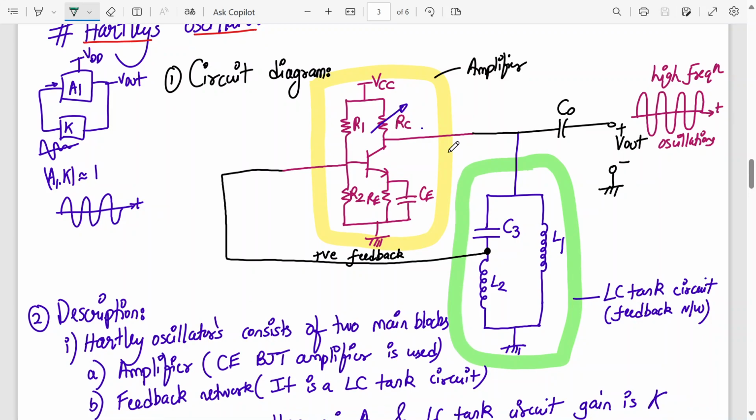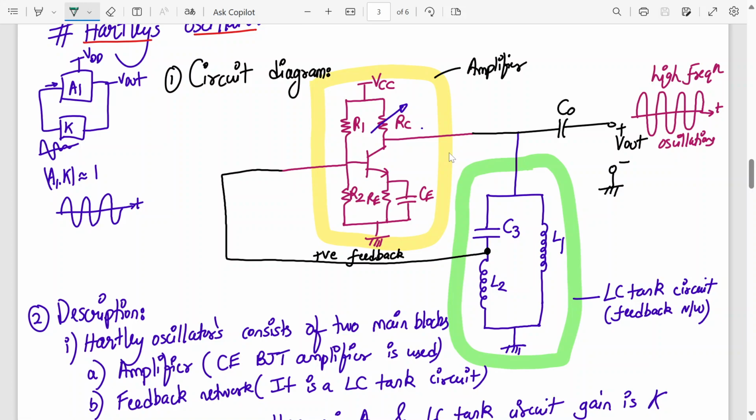Everyone writing? Hello, can you give me a feedback? Yeah. So again, there might be an inherent noise. There is no external AC input applied to the oscillator.